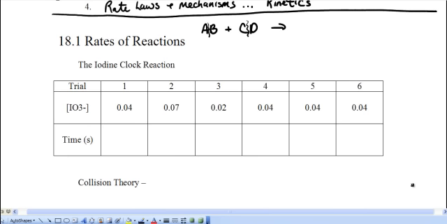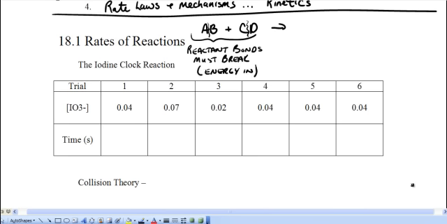But the very first thing that must happen during a reaction is that you must break the reactant bonds. So reactant bonds must break. And in order to break bonds, you have to put energy in. So energy is going in.